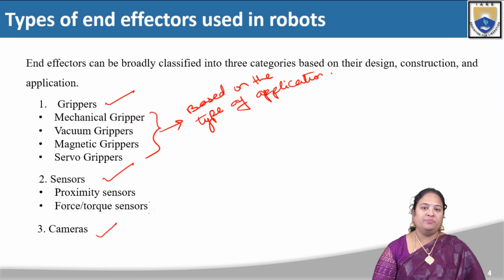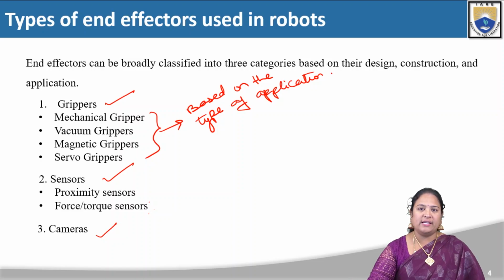We as humans know at what force to hold or to move an object from one place to the other. Or we know at what precision we need to hold a minute particle, a circuit, or a chip.